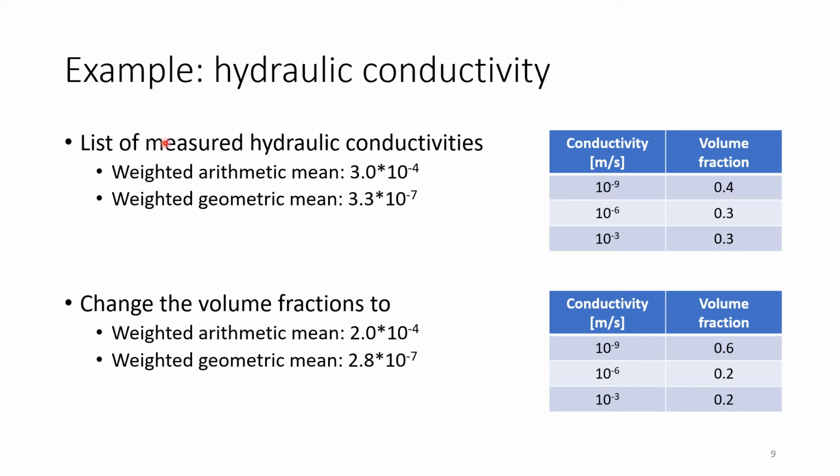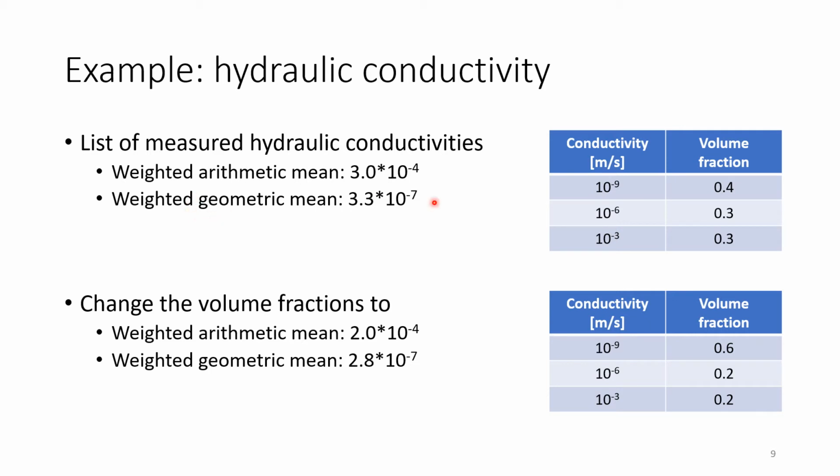So we can do a weighted arithmetic mean based on the volume fractions, and we will get a value of 10 to the minus 4. So you will notice those ones are very, very small. So of course those few samples which are close to the 10 to the minus 3 dominate the whole process.